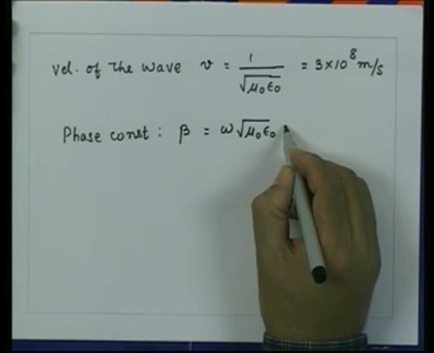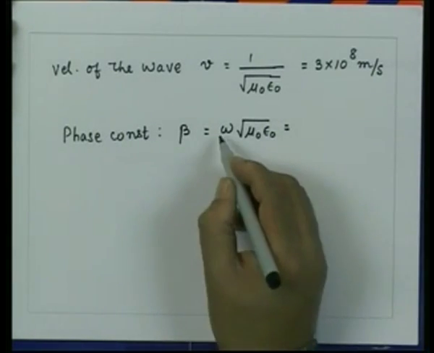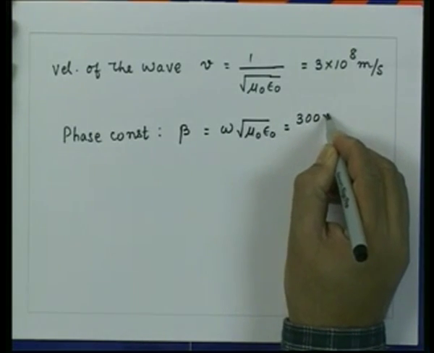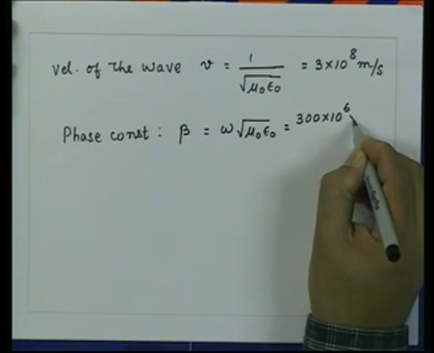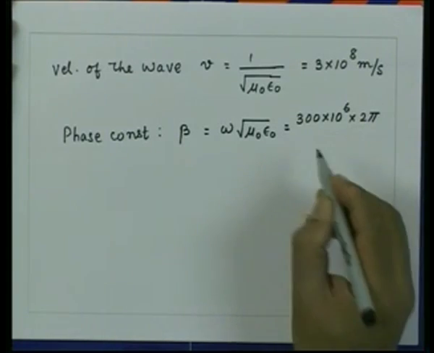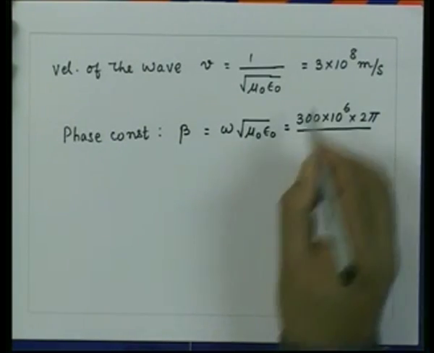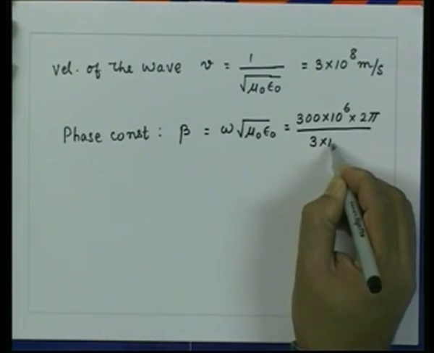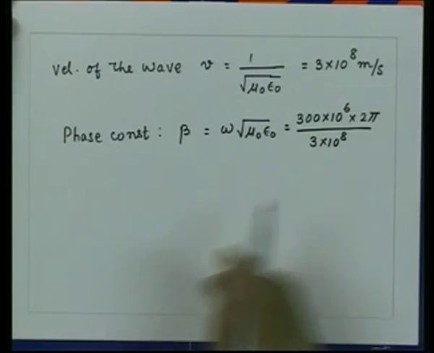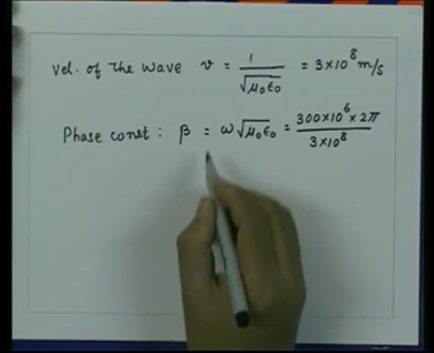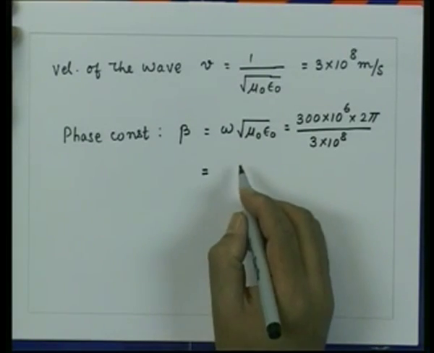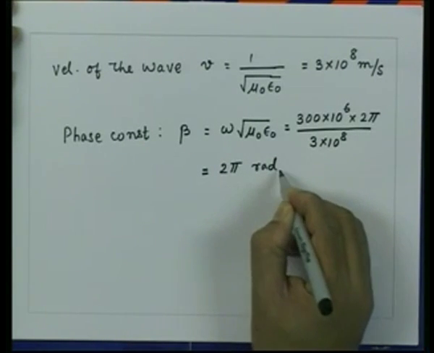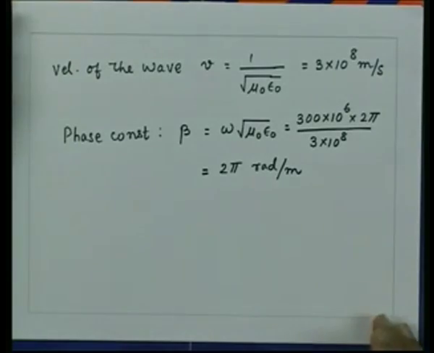So, that will be equal to, the frequency is 300 megahertz, so this is 300 into 10 to the power 6 into 2 pi divided by this quantity, which is 3 into 10 to the power 8 meters per second. So, from here we get the phase constant of the wave, which is 2 pi radians per meter.